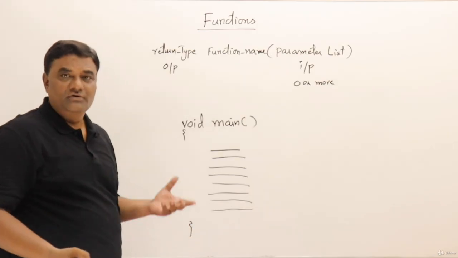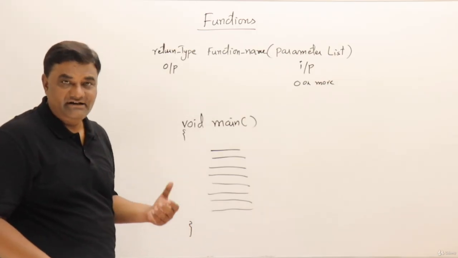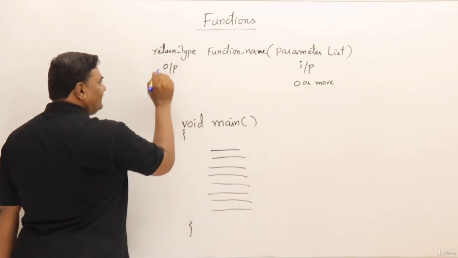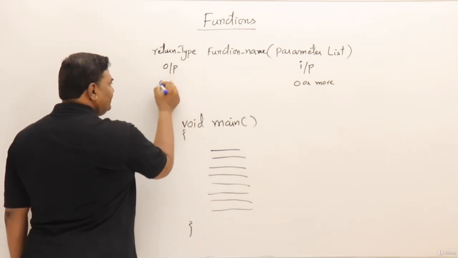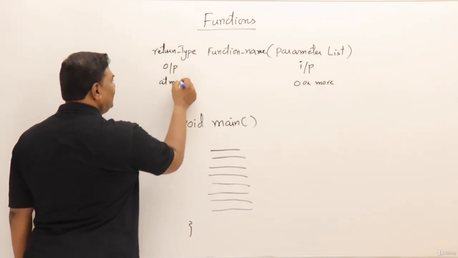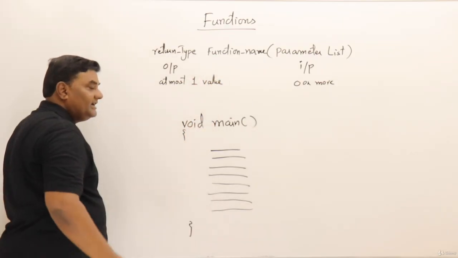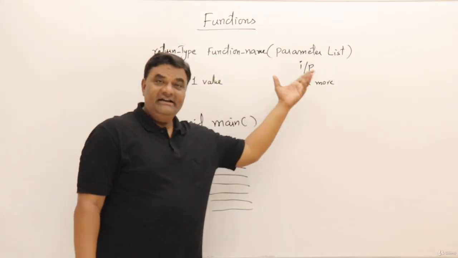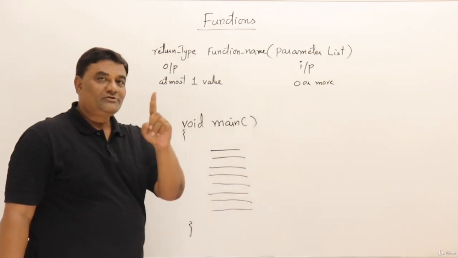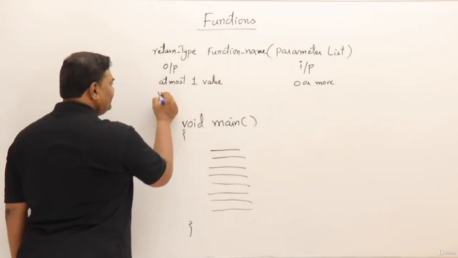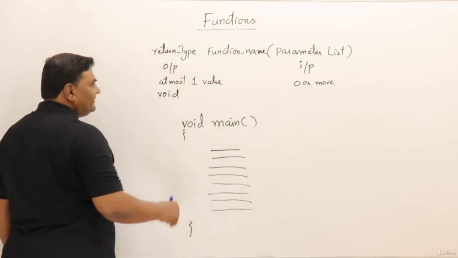It depends on how you are writing a function, for what purpose you are writing it. Then it may return or may not return a value, but it can return at most one value, just one value. A function cannot return multiple values, but it can take multiple values as input, but the output should be only one. If the function is not returning any value, then the return type should be void.